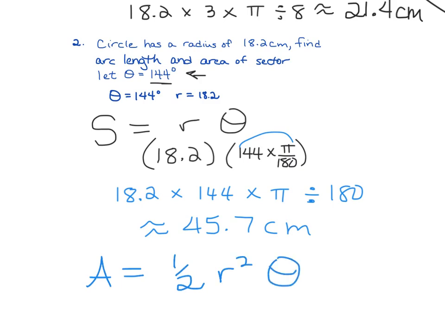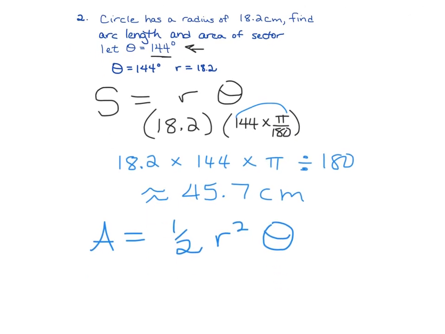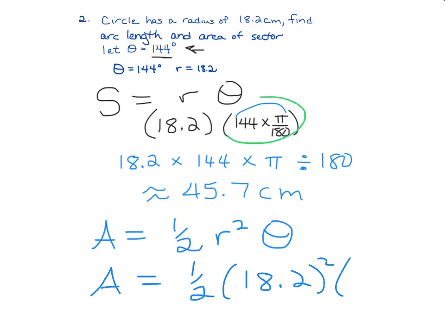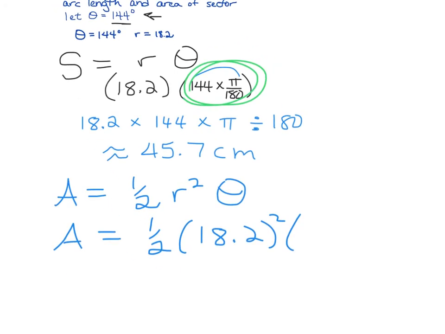Again, I'm going to replace my radius and my theta. So area equals 1/2 times 18.2 squared. Again, my theta needs to be in radians, so the same thing I wrote right here, I'm going to write again: 144 times pi over 180.